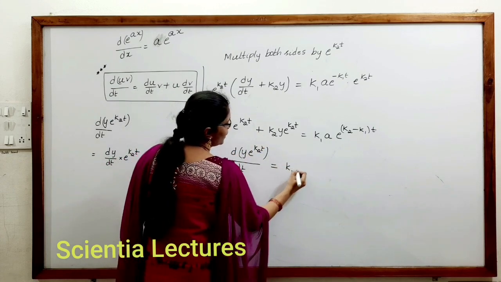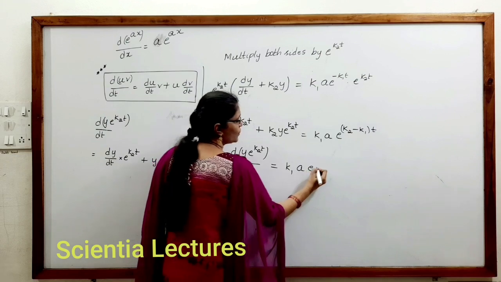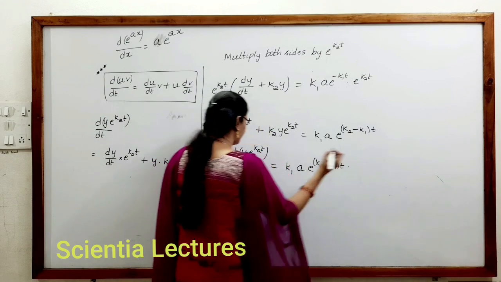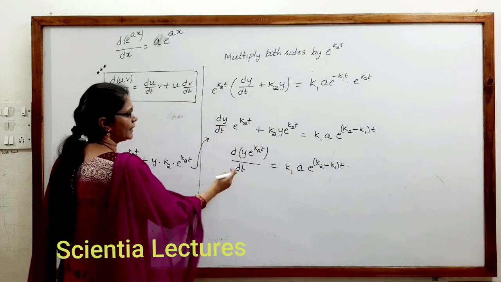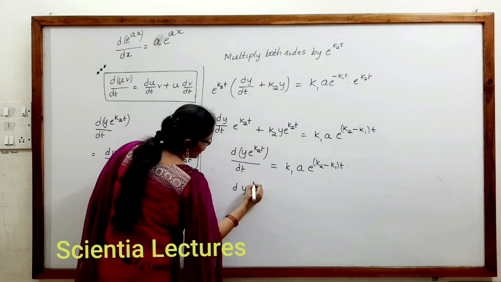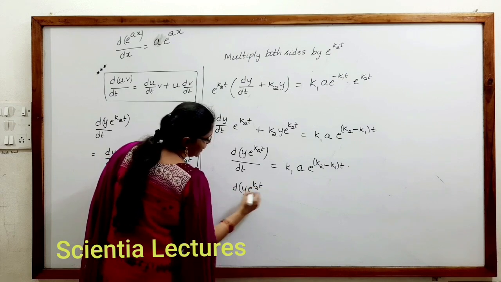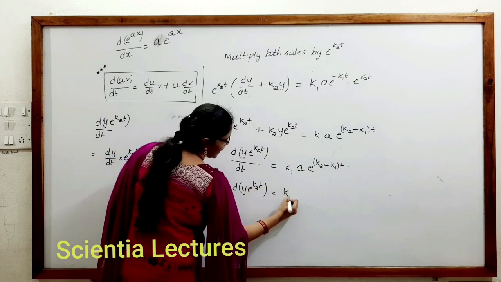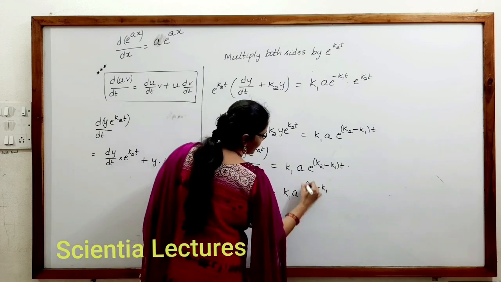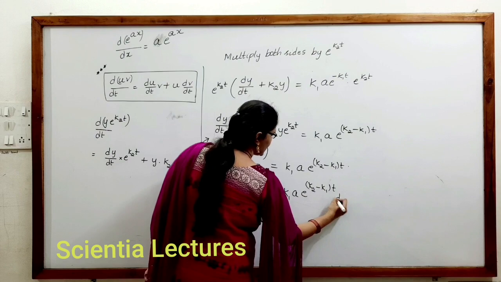This must be equal to k1 into A into e^((k2-k1)t). Taking this dt to the other side, the differential of y e^(k2t) must be equal to k1 A e^((k2-k1)t) dt.